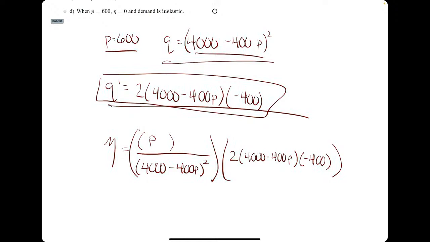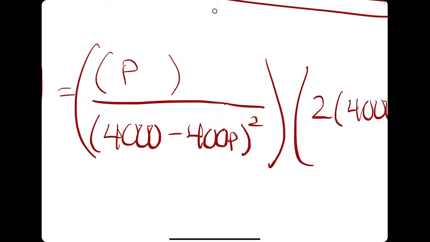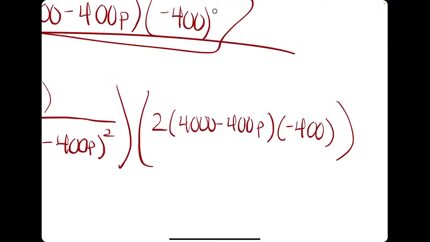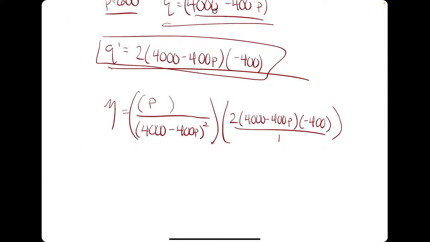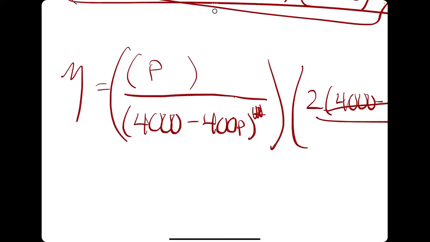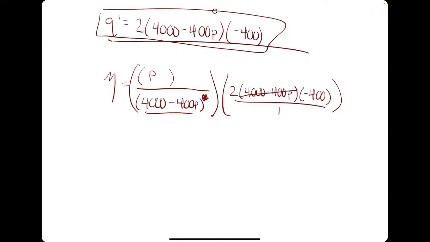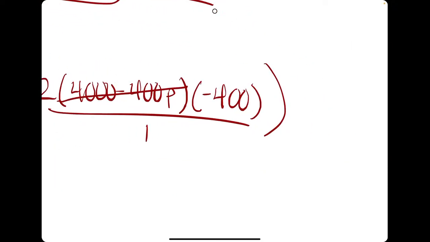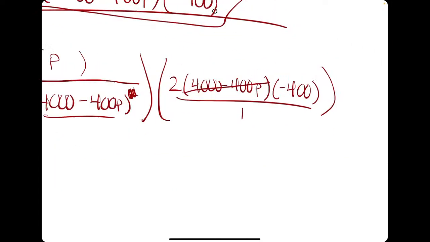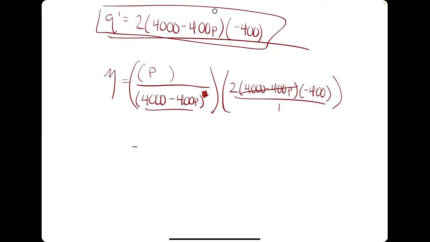And now what cancels? We have this 4,000 minus 400p squared in the bottom, and we have 1 that's essentially in the top, in the numerator. So we can cancel this whole thing while canceling one of these on the bottom. So that means we're just left with 4,000 minus 400p on the bottom. So now, multiplying everything across the top, we have a p, we have a 2, we have a negative 400. So 2 times negative 400 is negative 800.